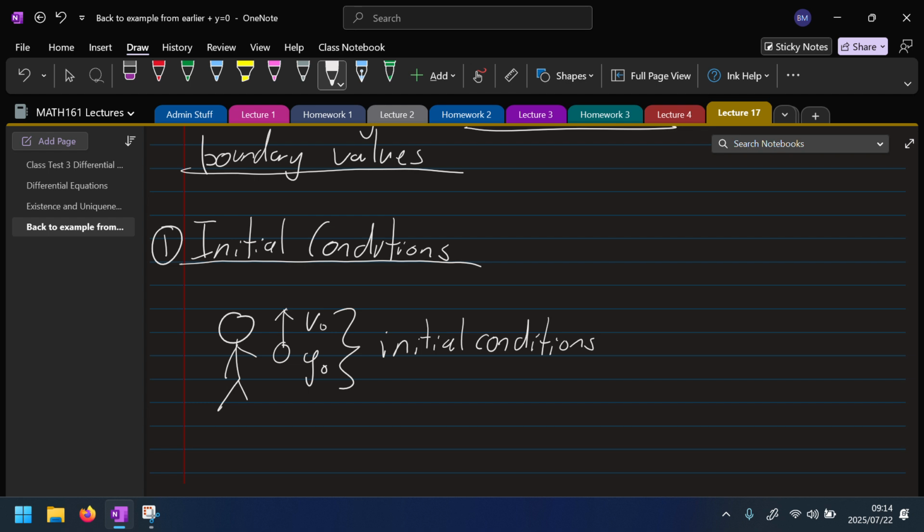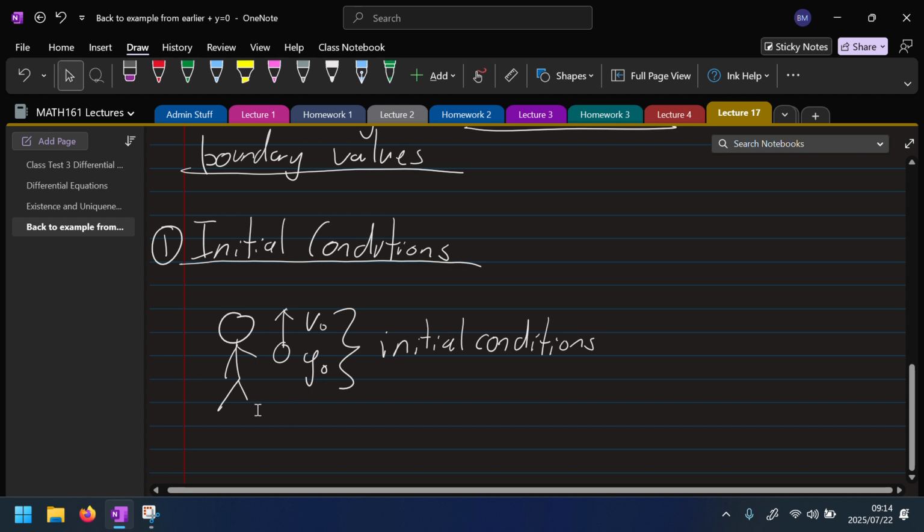So why do we need two? Well, because it's a second order differential equation, right? You know your Newton's law, F equals ma. That is the second derivative of position. So it's a second order differential equation. So we need two initial conditions. Okay, that's where it comes from.